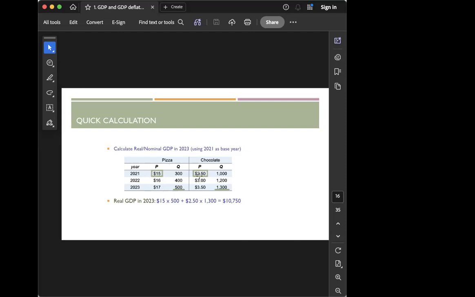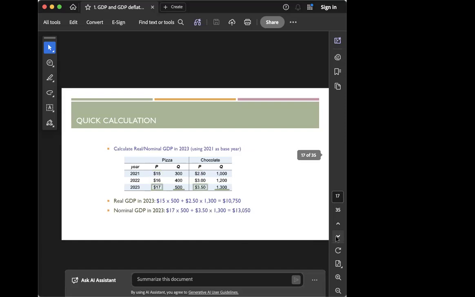Multiply price and quantity, and add up all the figures, and you're going to get real GDP.